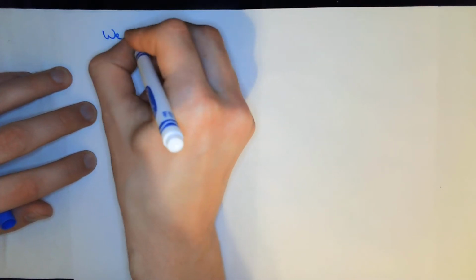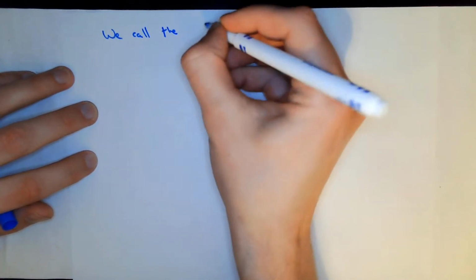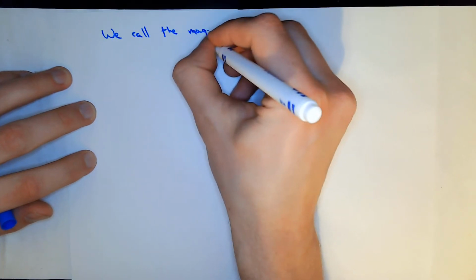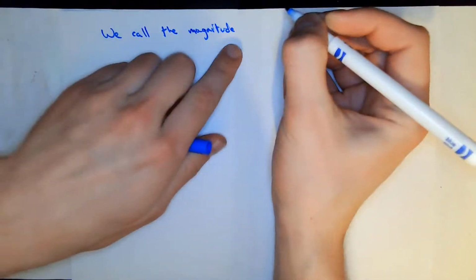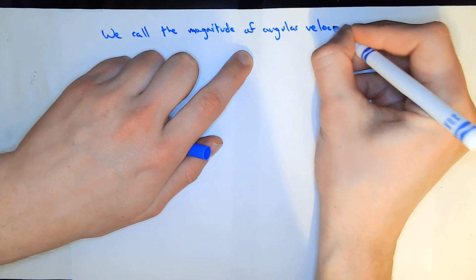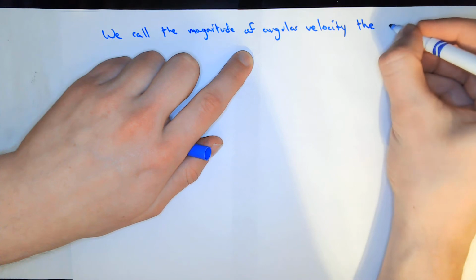Okay, and another analogous thing with this angular velocity is, recall speed was just the magnitude of velocity, so we call the magnitude of angular velocity the angular speed.